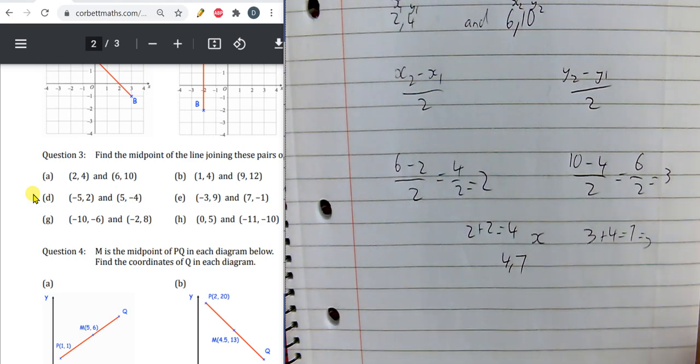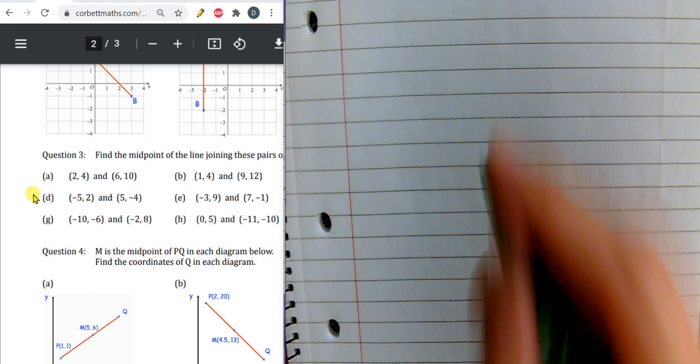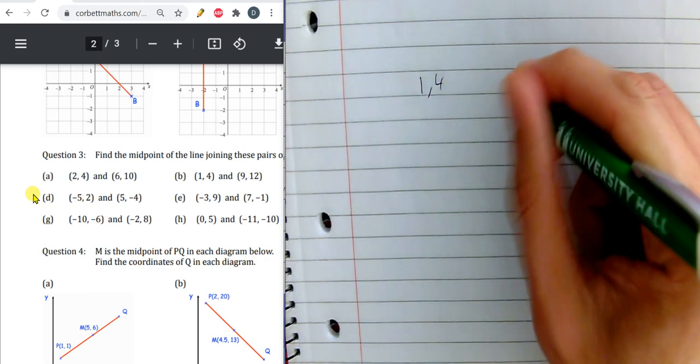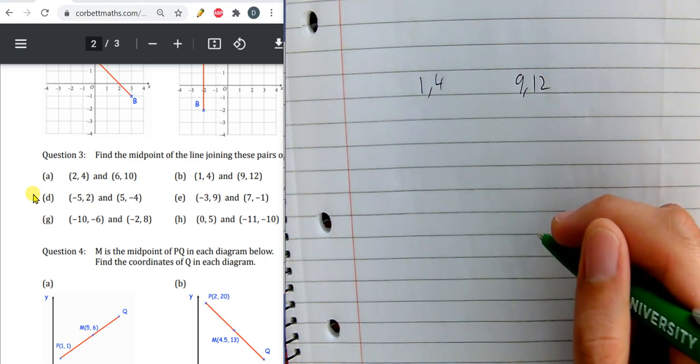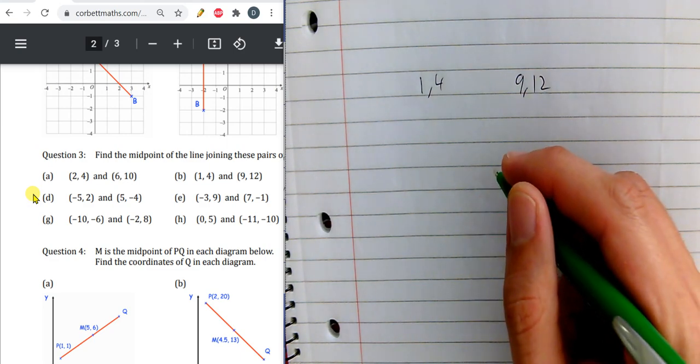Easy enough. We'll go to the next question, B, and we'll do the same thing. So we've got 1, 4, 9, 12. Actually, I'll go through it quickly with both ways.